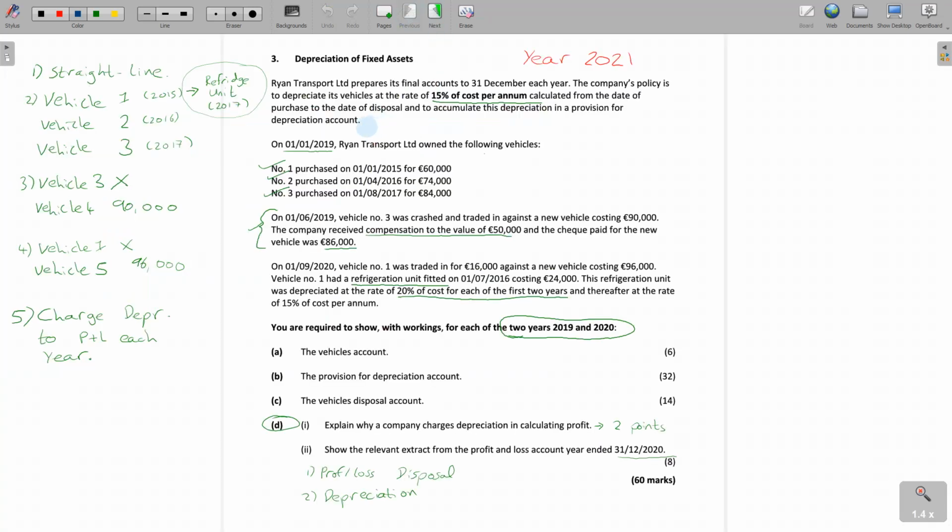Now, with the fridge freezer or the refrigerating unit, we bought it on the 1st of the 7th, 2016. So our policy is to depreciate from the date of purchase.